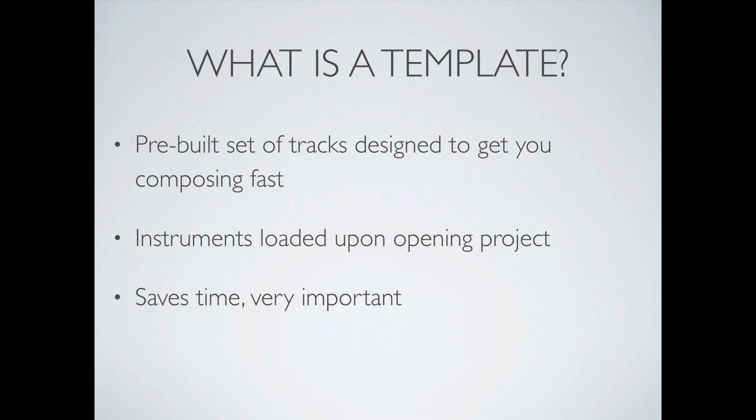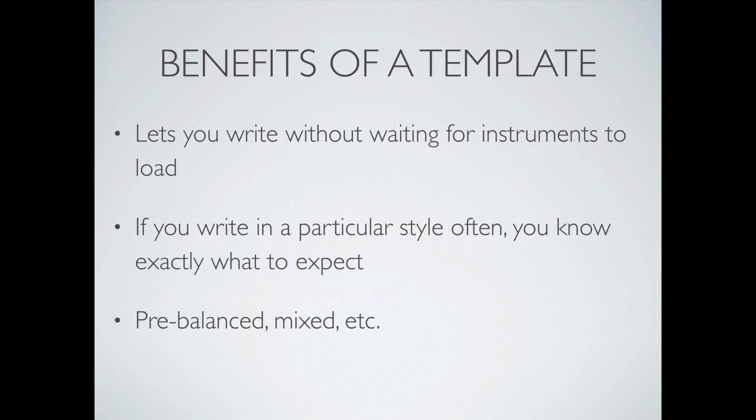That way when it opens up, you're ready to go and you don't have to search around for instruments and all that. So it definitely saves a lot of time. One of the main benefits of having a template is that it saves time, and that's very important when you're composing on the clock. So let's continue.